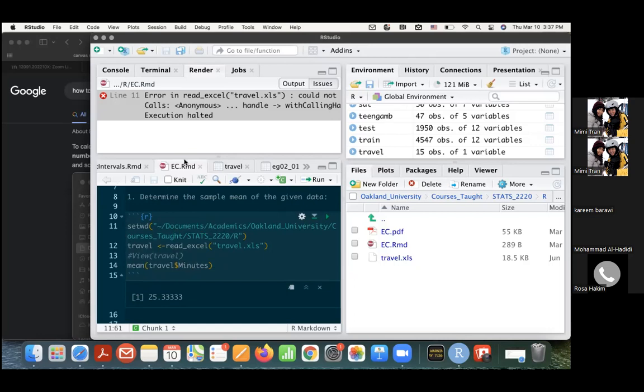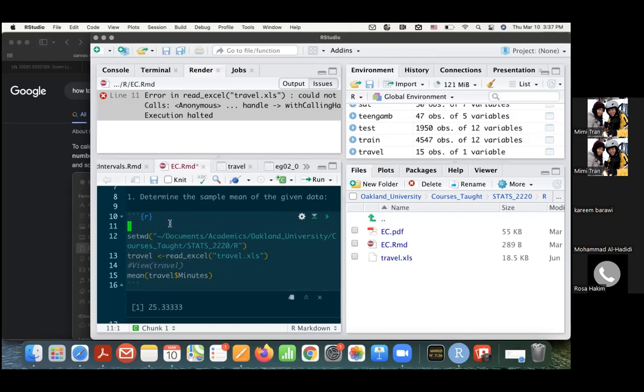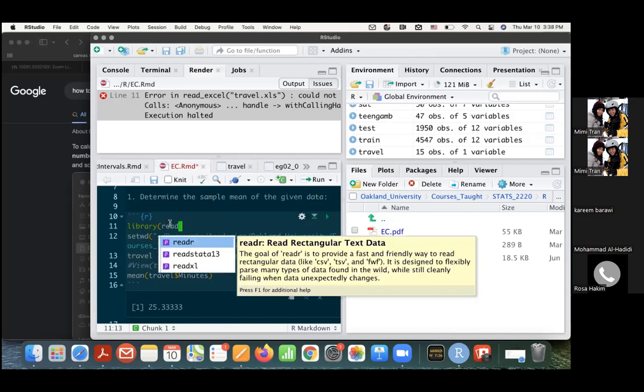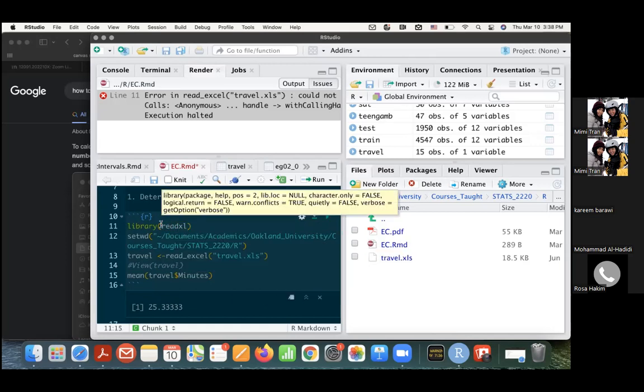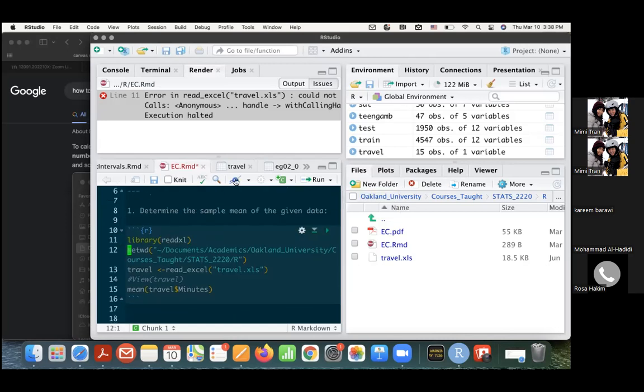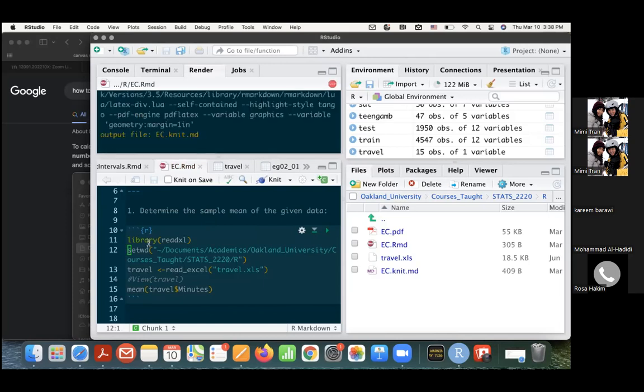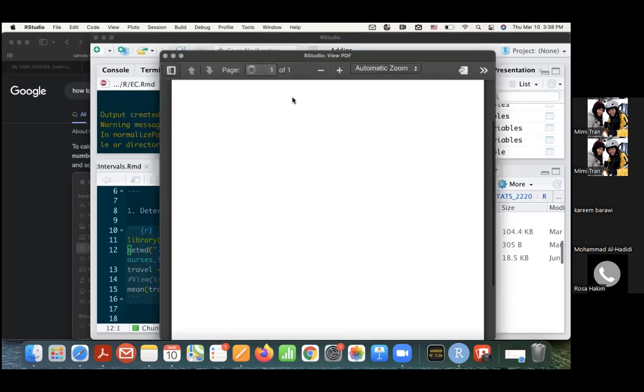It worked from here, but it won't let me knit. I see why. I have to call the package readxl. There you go.